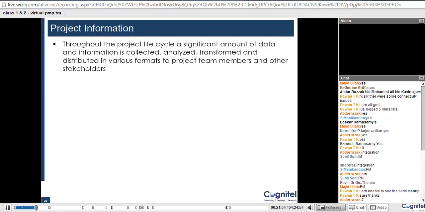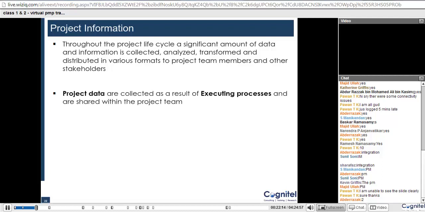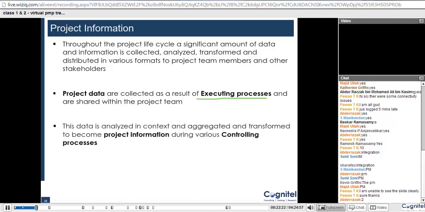Okay, now let's understand what project information is. Throughout the project life cycle, a significant amount of data and information is collected, analyzed, transformed, and distributed in various formats to different team members and other stakeholders. Project data are collected as a result of execution processes and are shared with the project team.